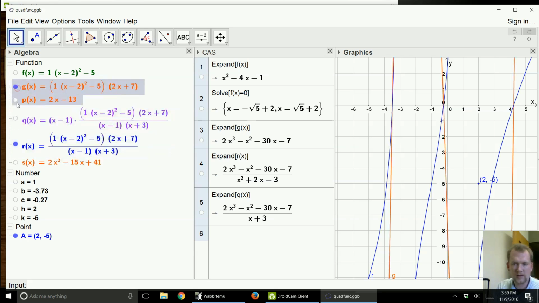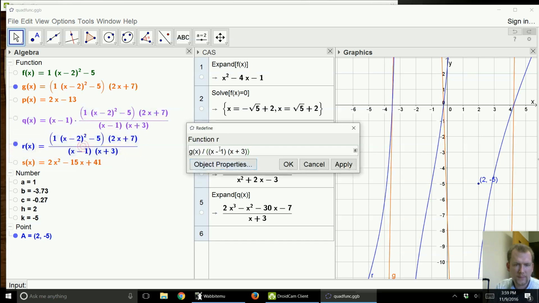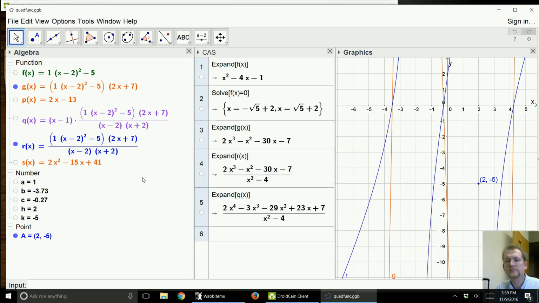So let's put g there so we know where it crosses, and then I can make a vertical asymptote be at -2 and 2.